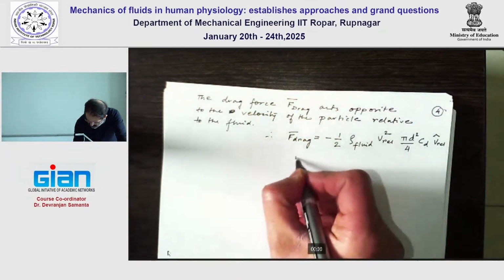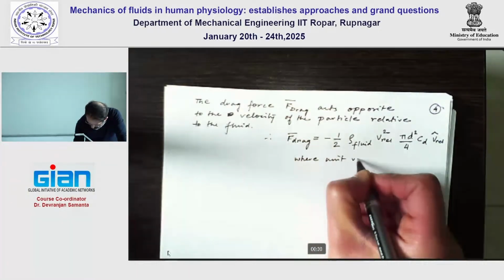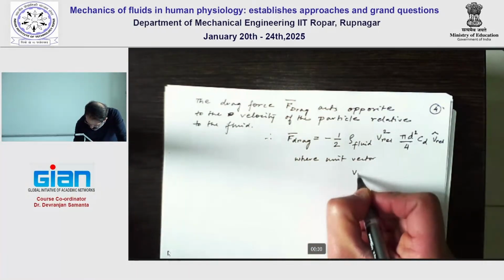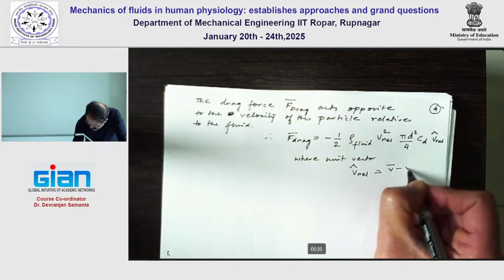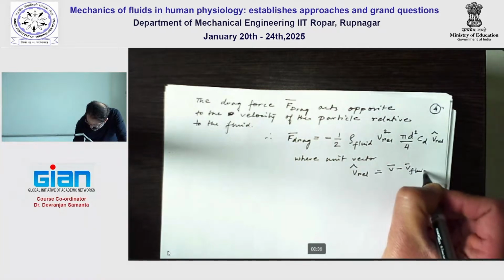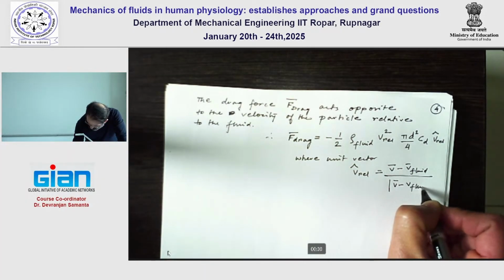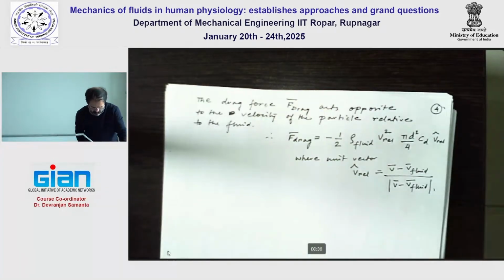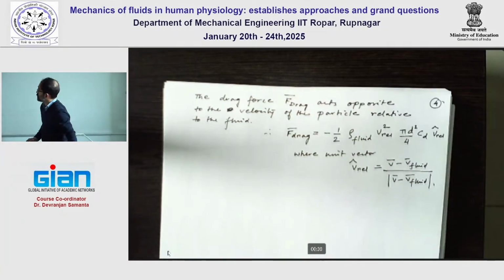So write the unit vector for V rel. Okay, and the negative sign accounts for the fact that it is directed opposite to the motion of the particle.